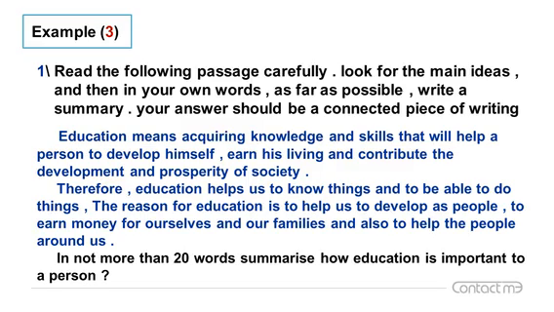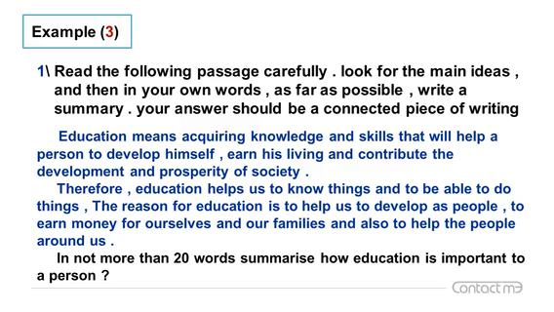Therefore, education helps us to know things and to be able to do things. The reason for education is to help us to develop as people, to earn money for ourselves and our families, and also to help the people around us.